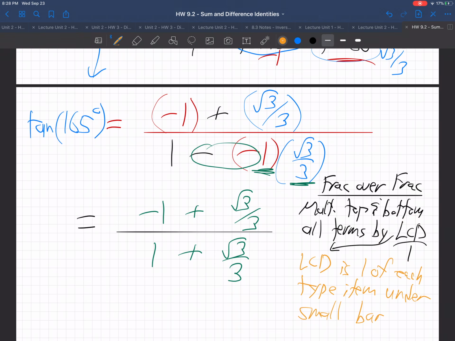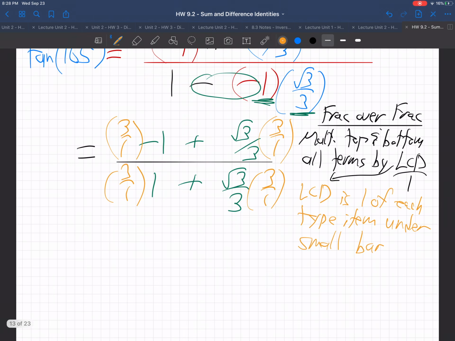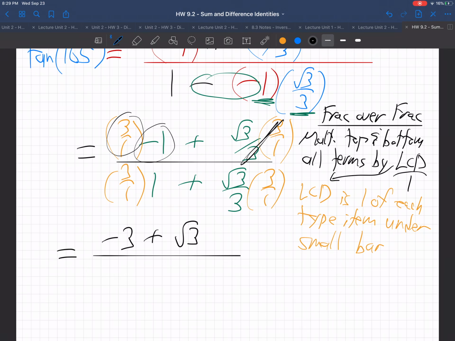So we're going to multiply 3 over 1, 3 over 1, 3 over 1, and 3 over 1. All the terms, top and bottom, by LCD over 1. All right, we're getting close now. What becomes of this? Well, 3 over 1 times negative 1, that's just negative 3, right? Dividing by 1 doesn't change anything. Plus, here these guys cancel, and it's root 3 over 1. Again, we ignore the 1 on the bottom. Here that's just 3 times 1, 3.